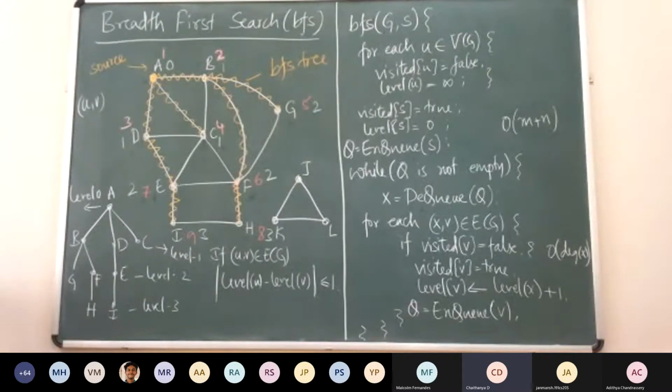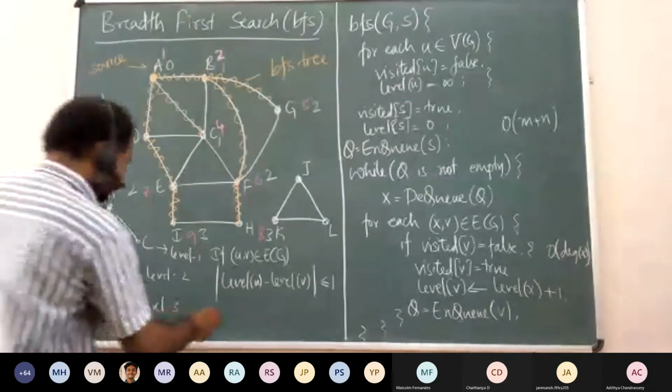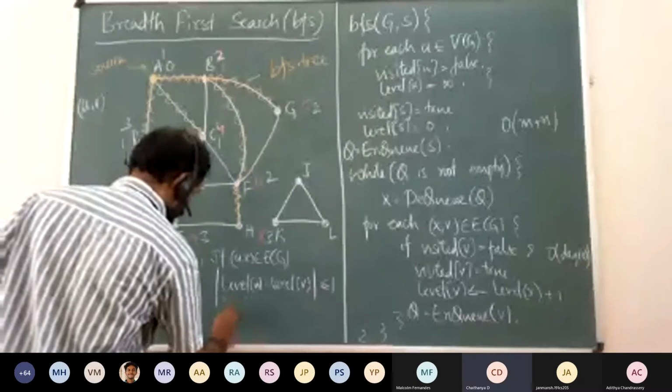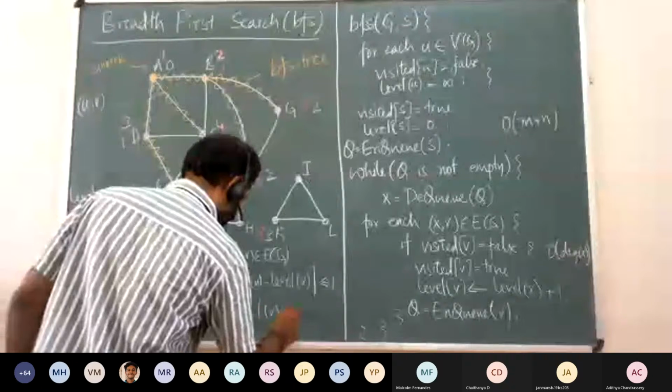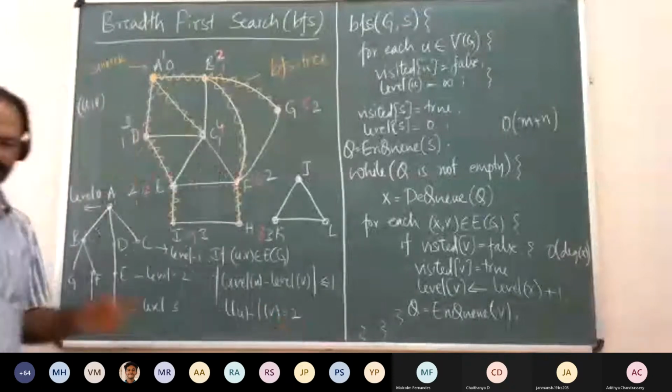You'll find a shorter path through the vertex. Suppose L of u minus L of v is equal to 2. What is the contradiction?